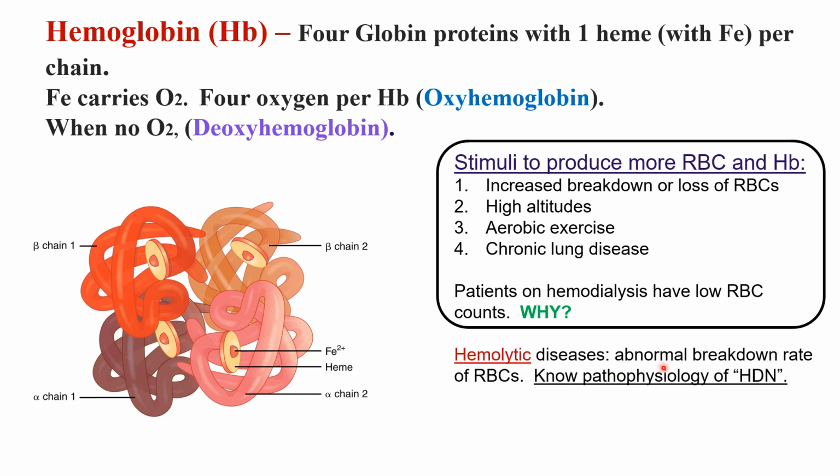Hemolytic diseases, and this is things like I said, malaria. There are other ones. Persistent drug use can lead to elevated breakdown rate, and again, anything that would cause liver failure, things that would cause increased breakdown or decreased production.